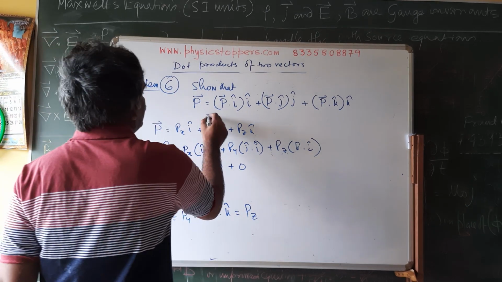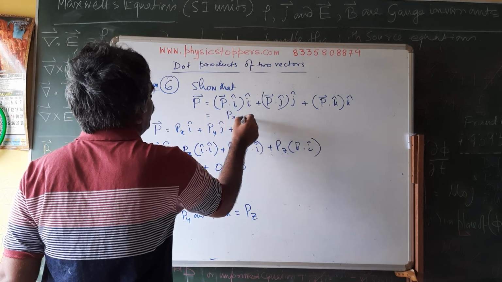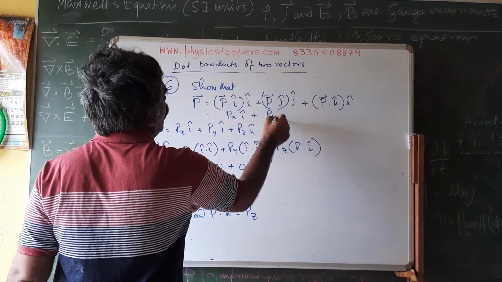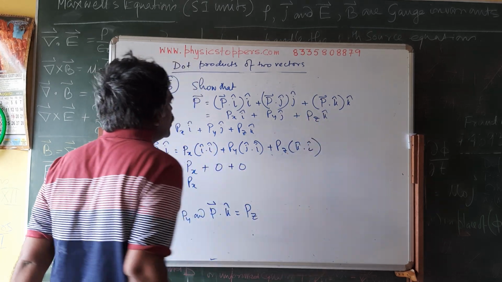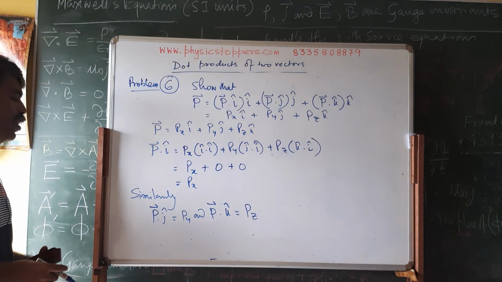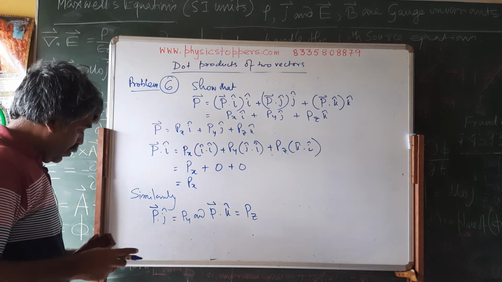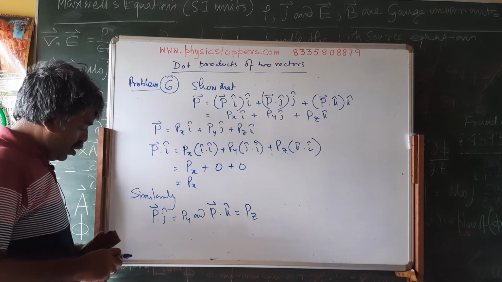So you can write this as Px i cap plus Py j cap plus Pz k cap. So these are a few typical problems you can do while using dot products.